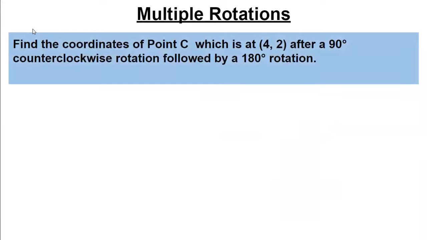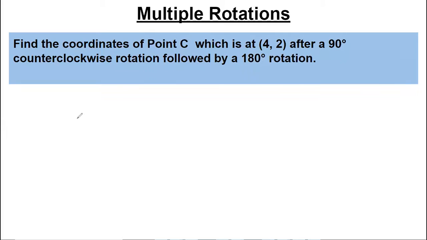So find the coordinates of point C, which is at 4, 2, after a 90 degrees counterclockwise rotation, followed by a 180 degree rotation. I think the thing will come up, but I just want to show it to you this way first. So it's currently at 4, 2. We want to go 90 degrees counterclockwise.